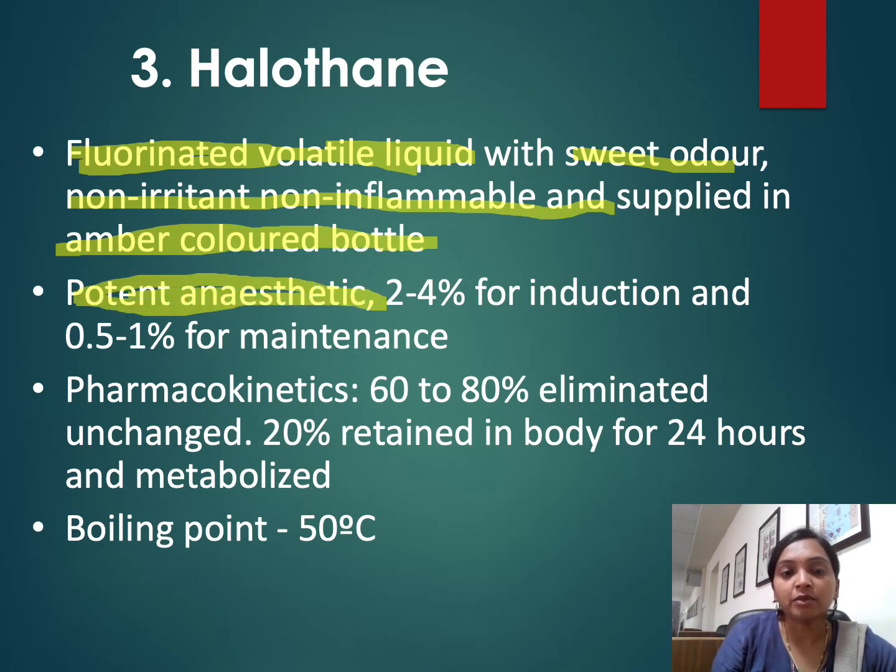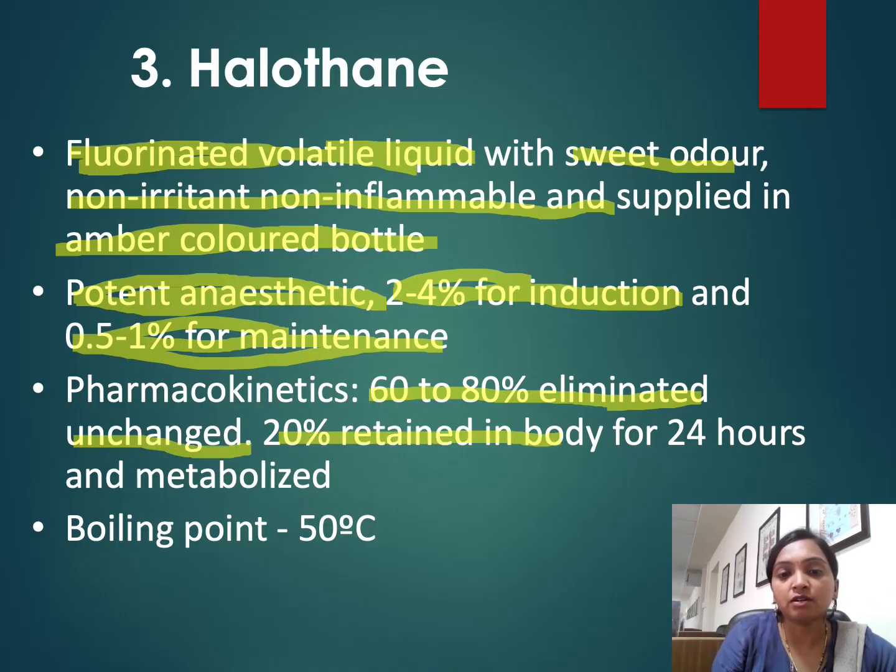It can be used for induction at 2 to 4% concentration, or for maintenance at 0.5 to 1% concentration. Pharmacokinetics: 60 to 80% is eliminated unchanged, and 20% is retained in the body for 24 hours, and then it is metabolized. The boiling point is 50 degrees.